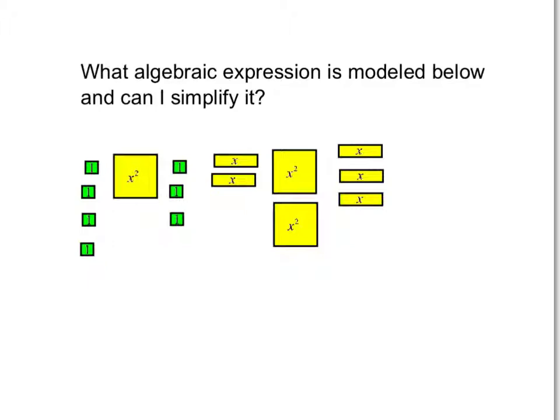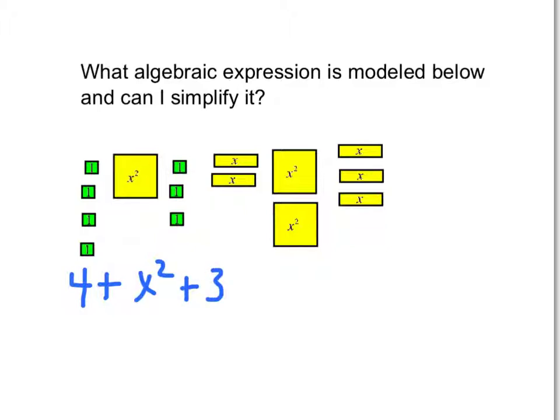So what I would like to point out is that these are 4 1s, so that's simply going to be 4. Then I have this x squared right here, and I'm going to say plus x squared. Then I have these 3 1s right here, so I'm just going to add 3 more 1s.